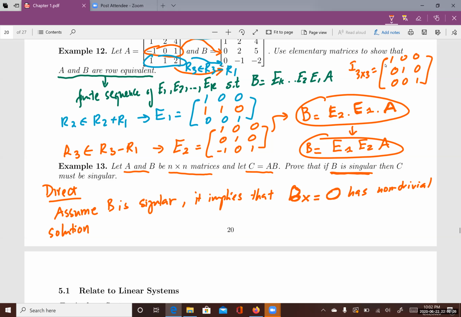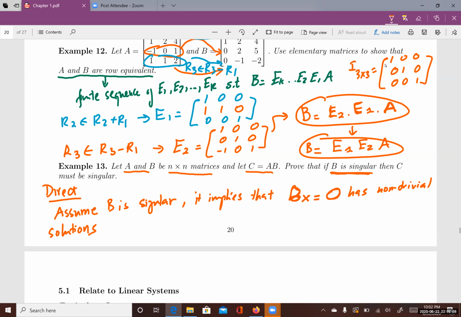Non-trivial solutions mean solutions that are not 0. The reason is B is singular. Remember, if B is singular, then the inverse of B doesn't exist. If the inverse of B doesn't exist, then the system has to have infinitely many solutions. That means Bx has non-trivial solutions.